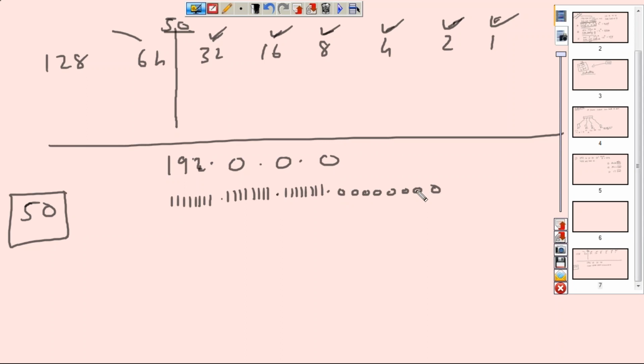The class C mask, 255.255.255.0. Yes. All right. So we have these 8 bits to play with, right? Originally, we had 8 bits. Now we decided that for our first network of size 50, we only need 6 bits. So 1, 2, 3, 4, 5, 6. That's what we need. Just like this line here.